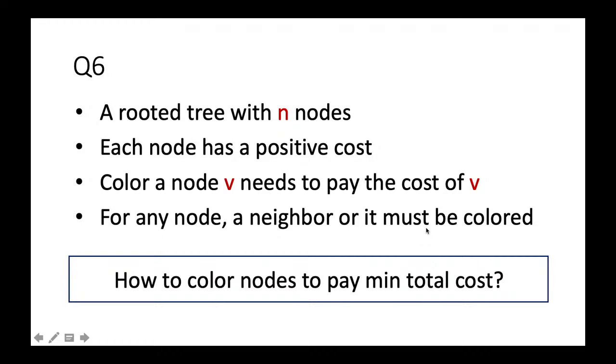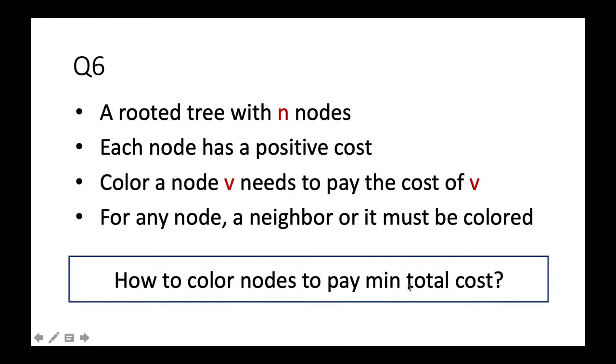Every citizen must be able to reach a convenience store easily, either from its own building or from a neighboring building. We want to set up the convenience stores so that we pay the minimum total cost.